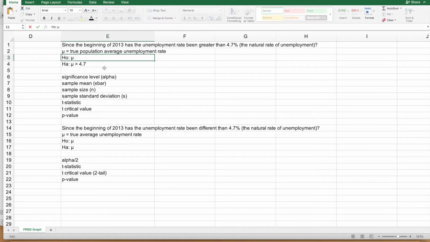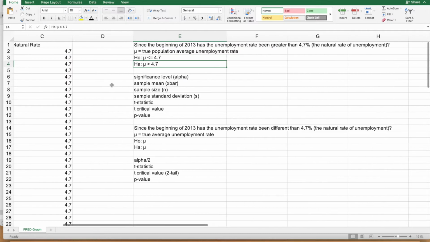On the other hand, if mu is less than or equal to 4.7, then the answer to this question will be no. So remember, some characteristics, our null always includes equality, which means that our alternative never includes equality, so that works here. 4.7 is going to be that cutoff point between our null and alternative hypothesis.